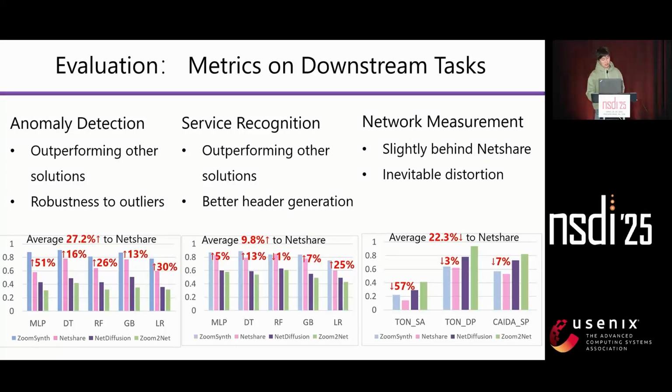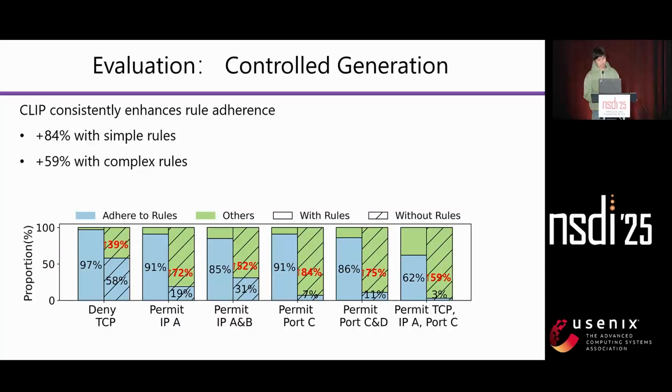And in network measurement, we use sketch-based metrics to compare generated and original traffic. In this task, ZOOMSYNTH is 22.3% weaker than NetShare because of inevitable distortion during upscaling, but still better than other baselines.